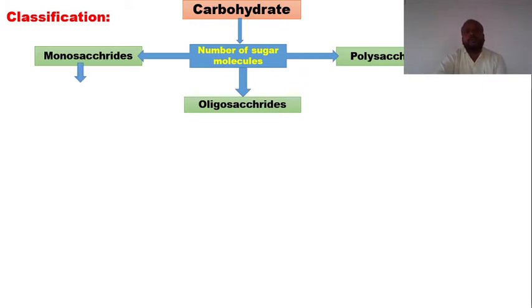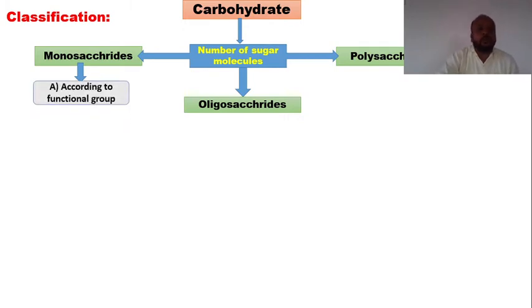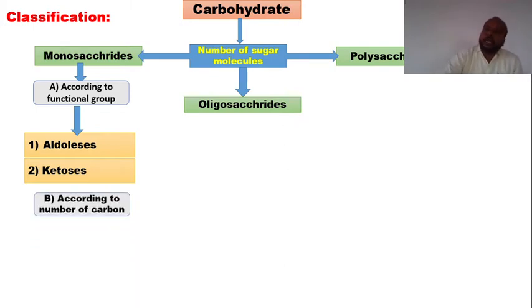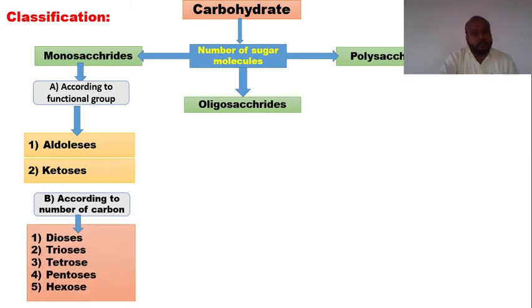Now the first group is again classified. First we think about the monosaccharide. The monosaccharide is divided into two according to functional group: the first one is aldose, the second one is ketose. Then monosaccharides are again classified on the basis of how many carbon atoms are present, that is, the number of carbons. The groups are trioses, tetroses, pentoses and hexoses.